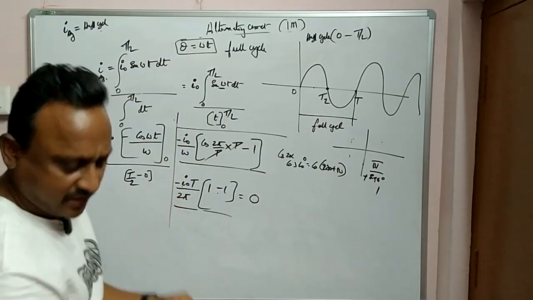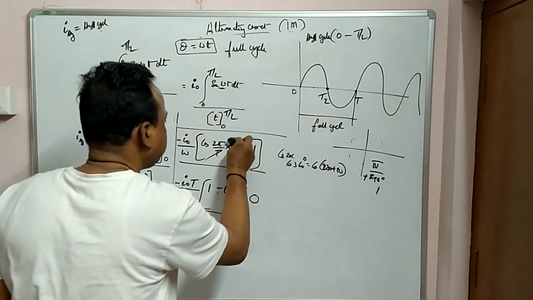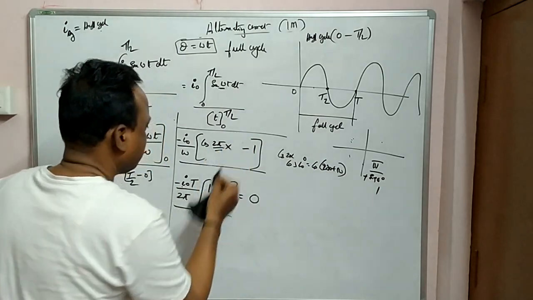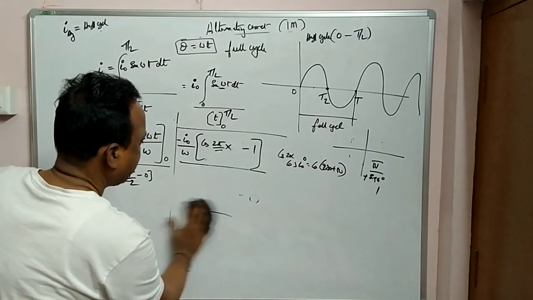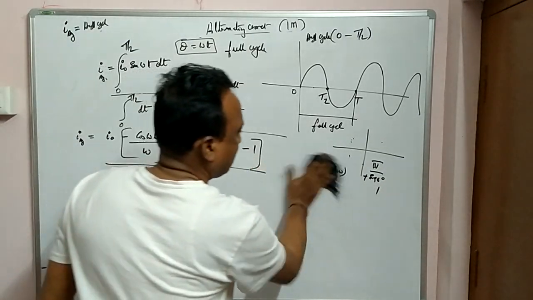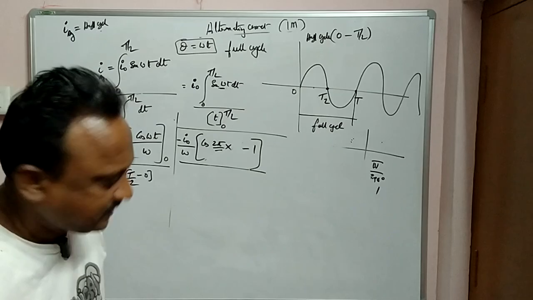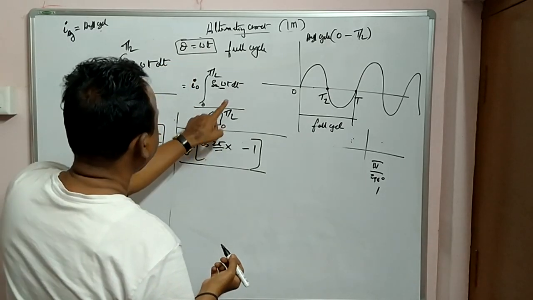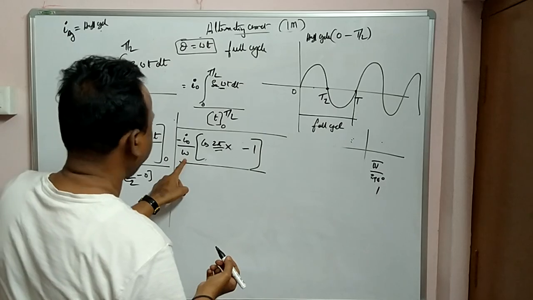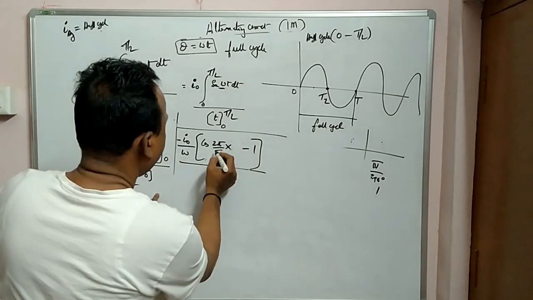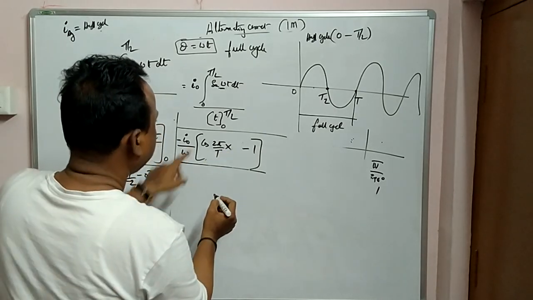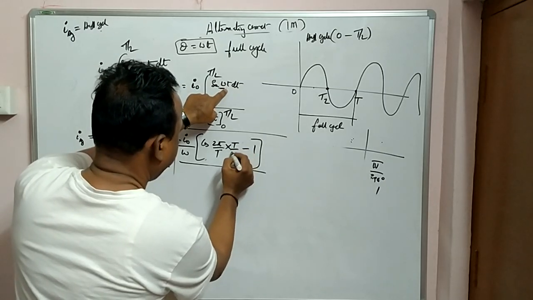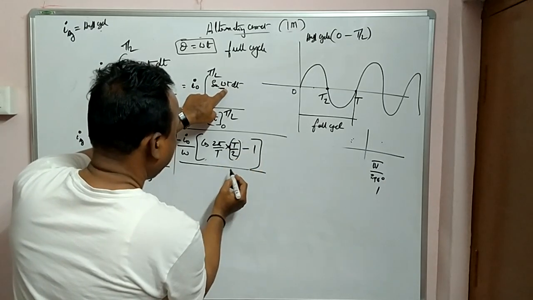See what happens here, the value changes. Here also I am changing the limits. I will rub the last step, that is better. If you apply 0 to t by 2 here, the same thing comes outside, minus I0 by omega, 2 pi by t, this value, and in the t plus, the upper limit is t by 2.